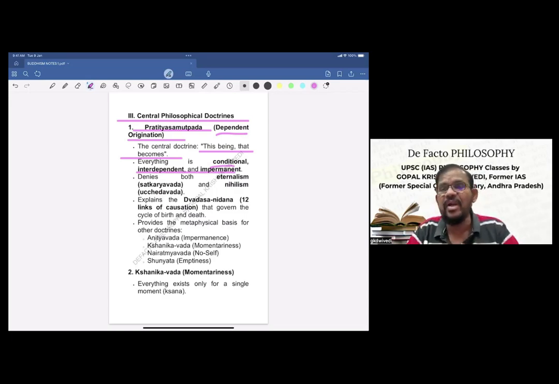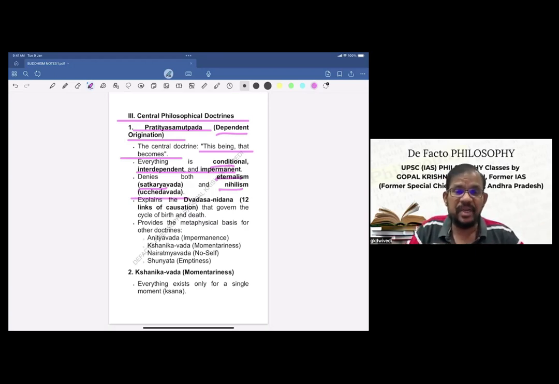So it is a midway doctrine, midway between eternalism and nihilism. Eternalism, Satkaryavad, means permanence. Nihilism, Uchchedvad, means nothing exists. Neither does it say permanence, nor that nothing exists. It says it is basically dependent origination: this being, that comes out, or that becomes.